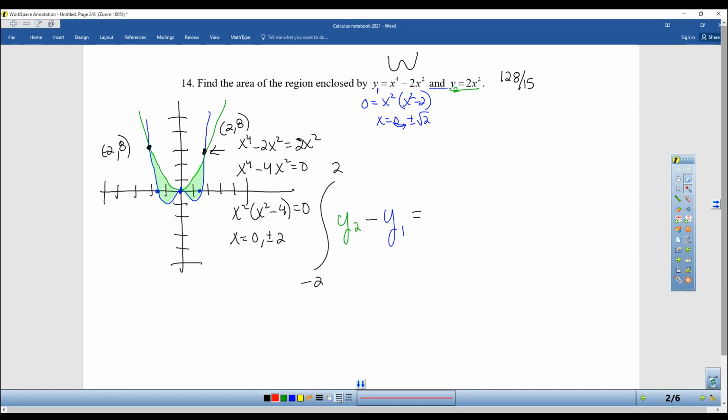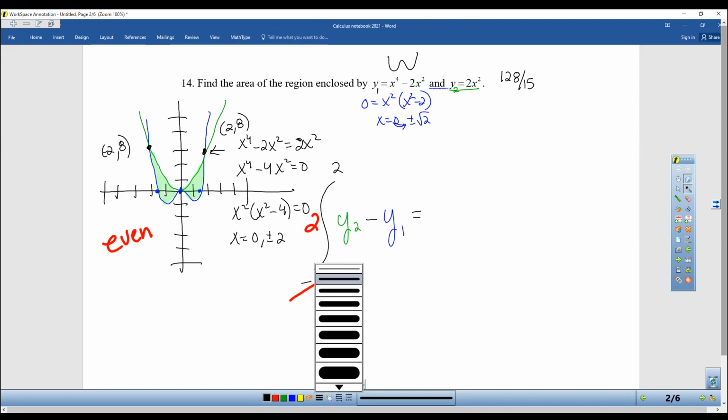So as another idea, you could get rid of this negative 2 and multiply your answer by 2, because they're both even functions, so the two regions are the same size. So we're going to do this one a little bit differently. We're going to go from 0 to 2, and we're going to multiply our answer by 2.